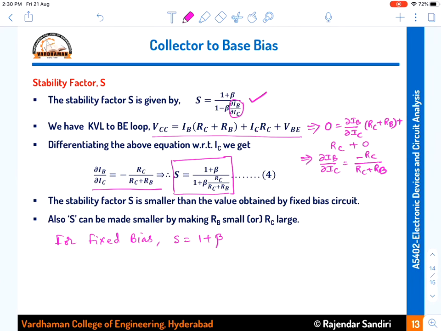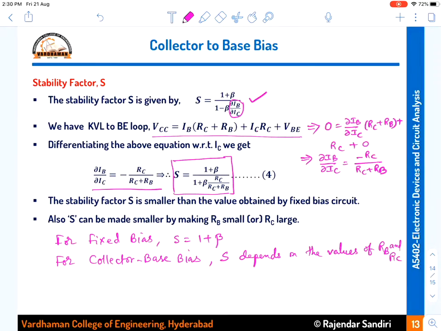So therefore, the stability factor now, for collector to base bias, depends on the values of RB and RC. Right.